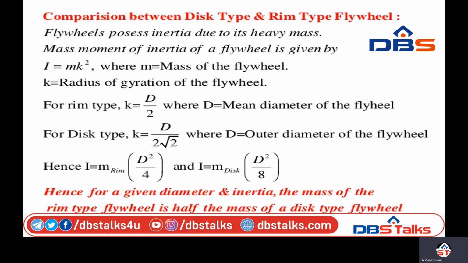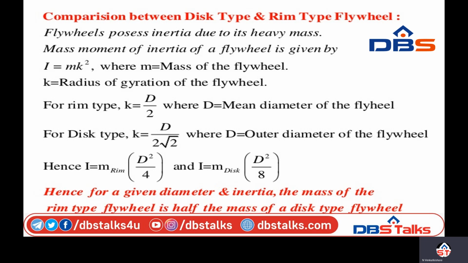The problem may ask how much mass moment of inertia, or how much weight of a flywheel. If so, we need to know the k value. We need to substitute the k value based on the mean diameter of the flywheel.